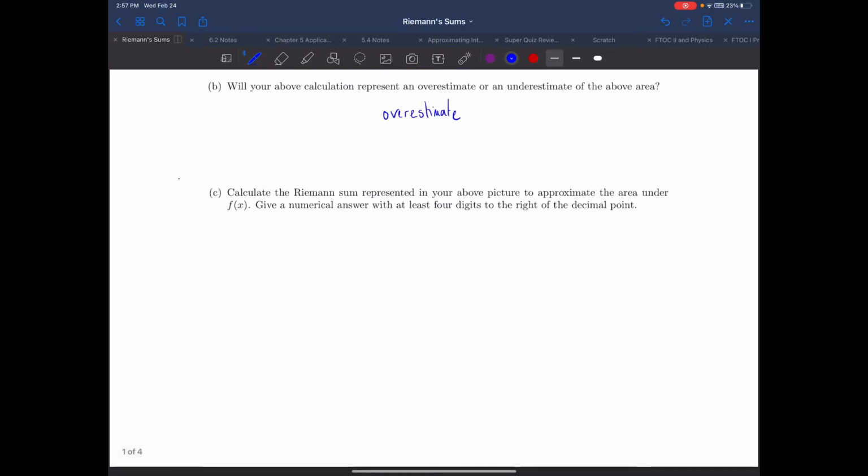I'll write out f of x is the square root of 1 minus x squared. The first thing we'll do is calculate the areas of those rectangles. Each of them has a width of 0.2. So rather than multiplying 0.2 by every single rectangle, I'm just going to leave it out here, add up the heights, and then multiply them all by 0.2.